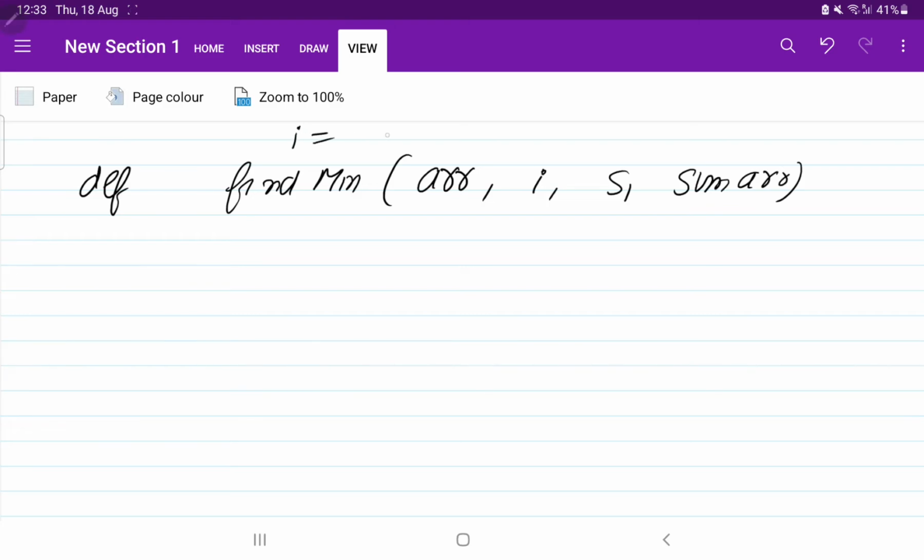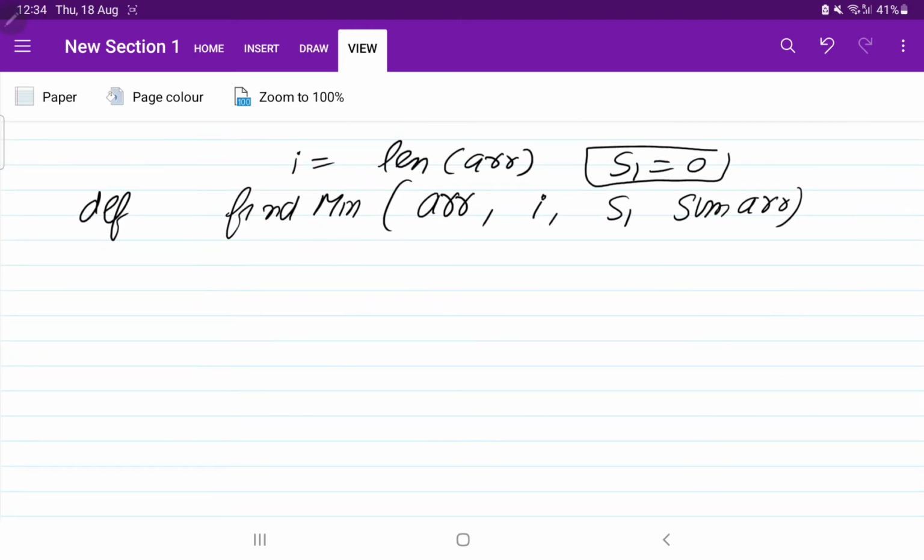S1 is the sum of the first subset, and sum of array we can find. Initially S1 will be equal to 0, because initially there are no elements in the first subset. And sum of array we can find.